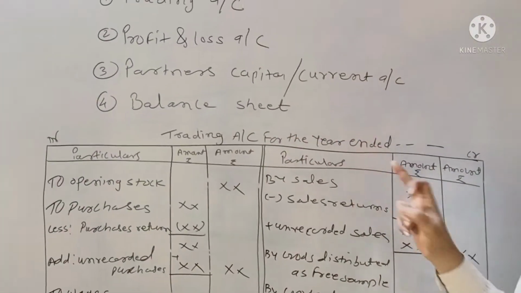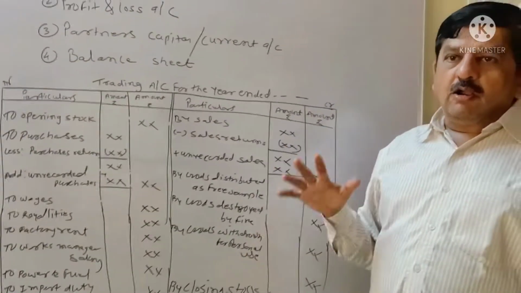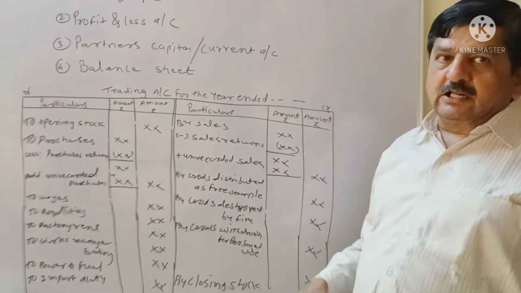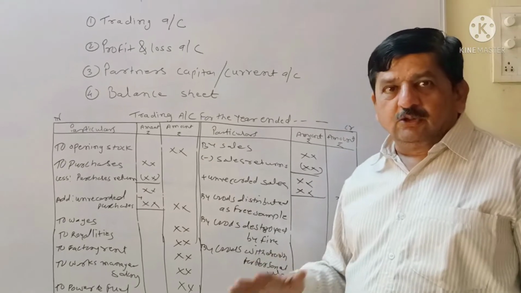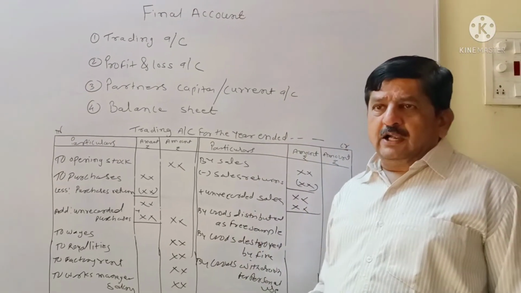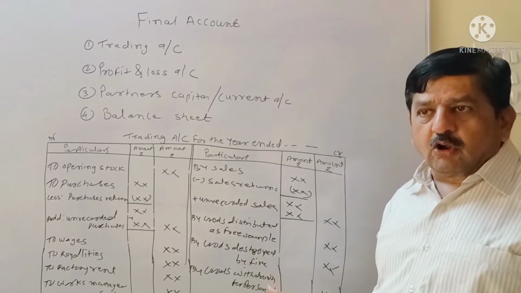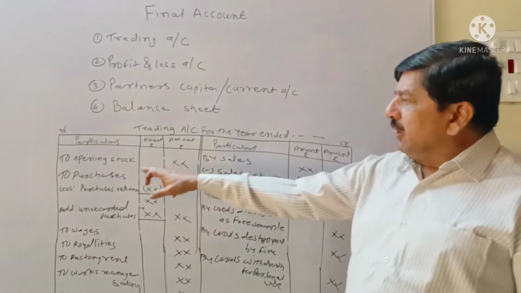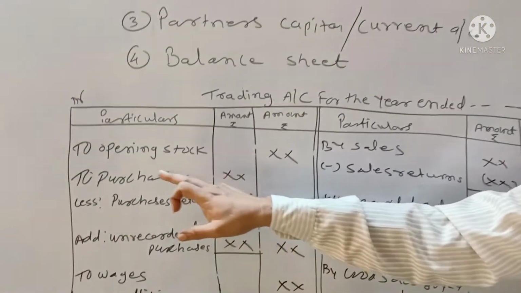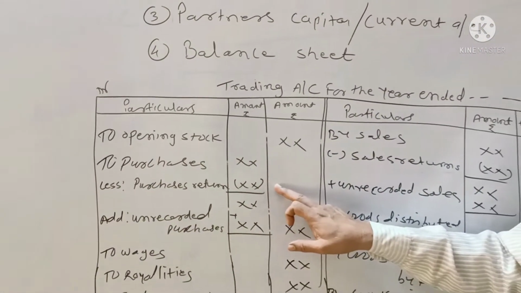In the trading account we show all direct expenses, purchases, sales, and expenses related to production and purchases. These are known as direct expenses. The trading account is maintained to find out either the gross profit or gross loss. On the debit side of the trading account, the first item is to opening stock, to purchases, less purchase return.